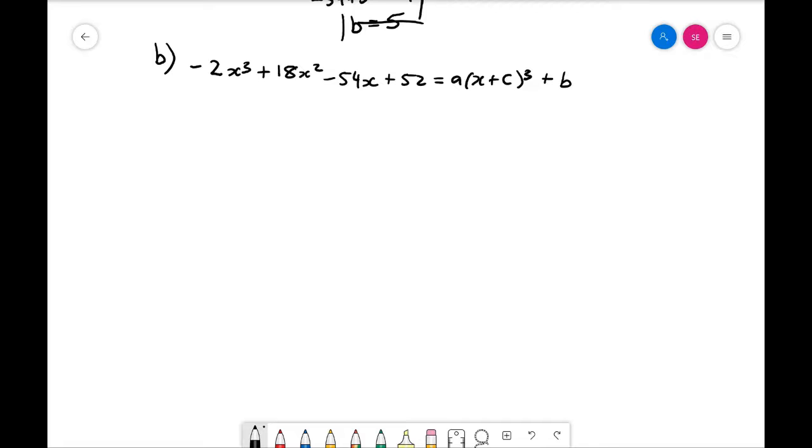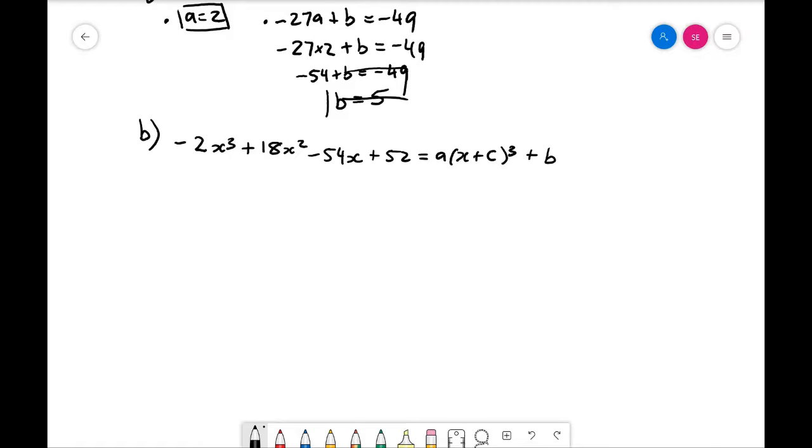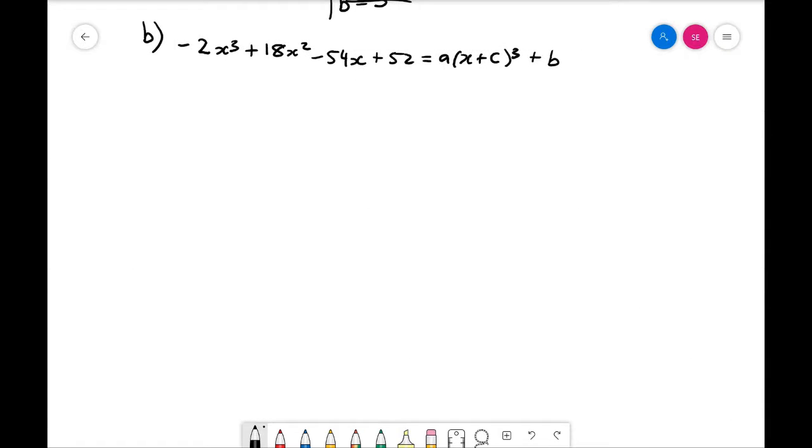Okay. Now, we've got this equation on the left-hand side equal to this on the right-hand side. So again, let's look at the right-hand side. I won't spend ages expanding, but if you do the same process as what we did for a, you'll get x cubed plus 3x squared c plus 3c squared x plus c cubed.